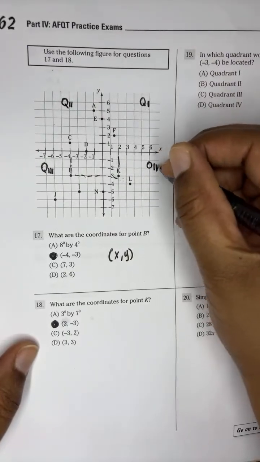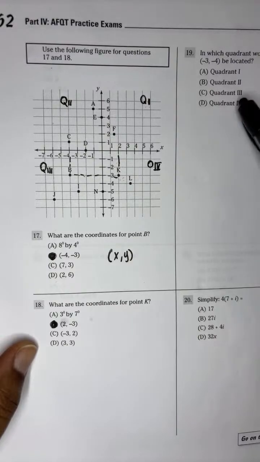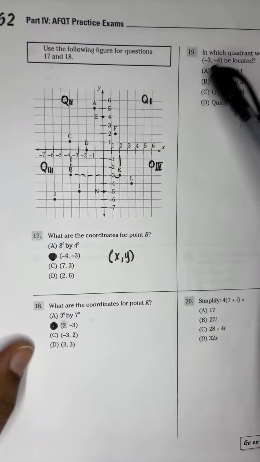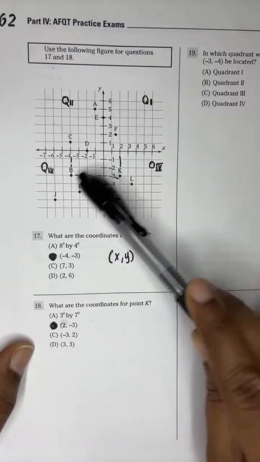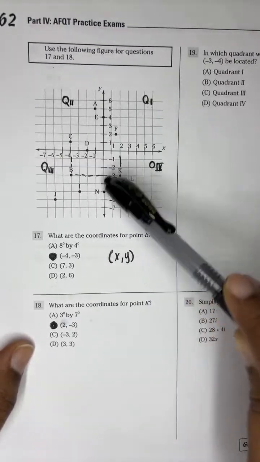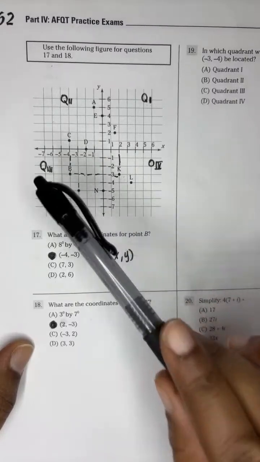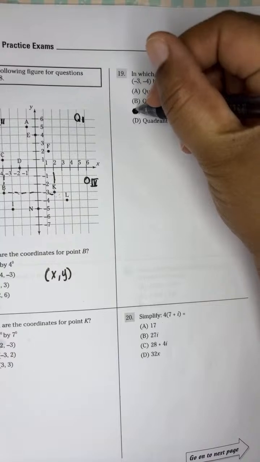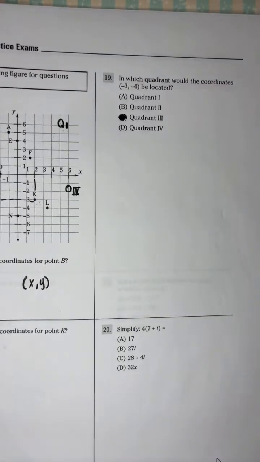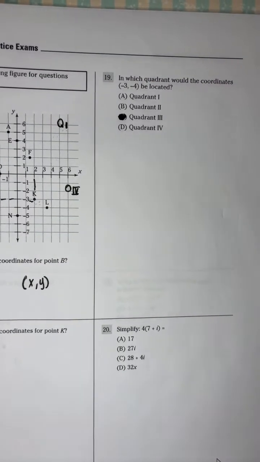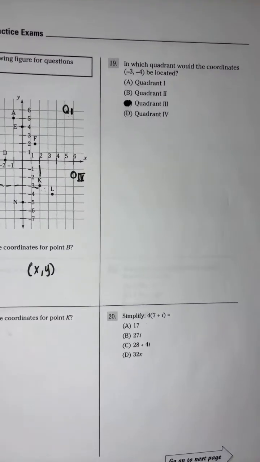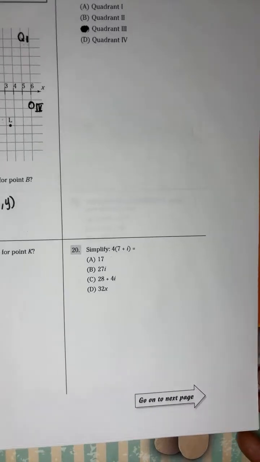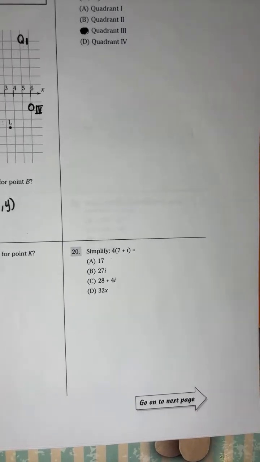These are Roman numerals, that's why they're written like that. But if we're looking at a negative and a negative, negative for the X's, negative for the Y's, it's always quadrant 3. I'm glad you asked that. That's a perfect question. All right, let's go to number 20.